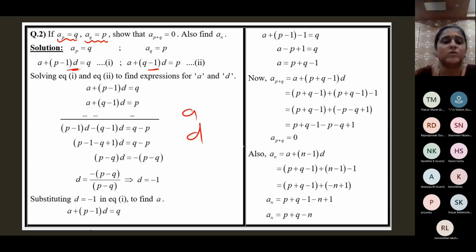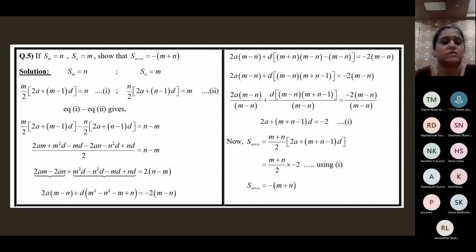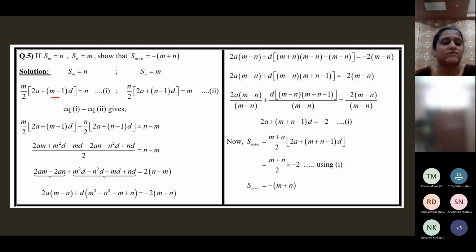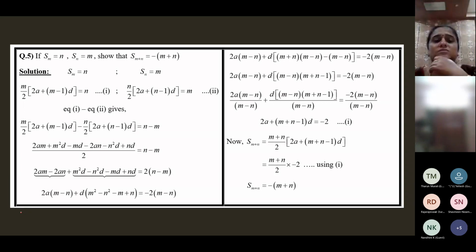But when we have equations like this, that is about the sum to m terms and the sum to n terms, not the mth term and the nth term, then we'll subtract the two equations. We'll not write the equations one below the other.